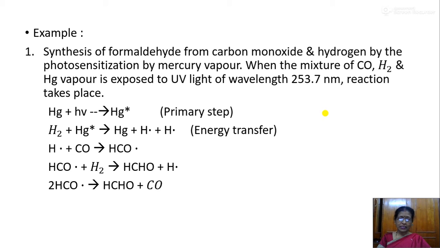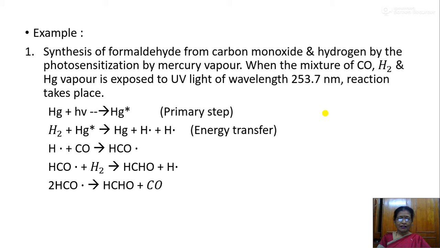Now this Hg* combines with hydrogen, thereby it forms mercury. The mercury is separated and there is a formation of hydrogen free radicals. That is, the hydrogen molecule splits up into a hydrogen free radical and another hydrogen free radical. This is called energy transfer.